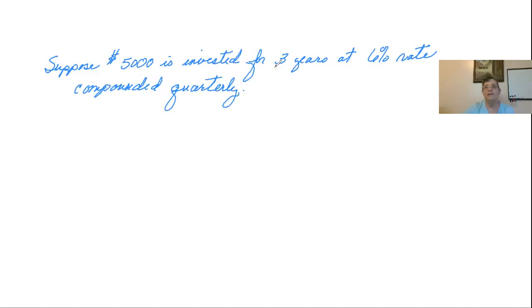Then how much would be in it at the end of the 3 years? So here's our original principal. Here's our time. Here's our rate. And quarterly means n equals 4 times a year.